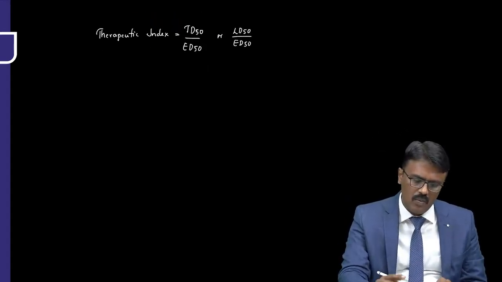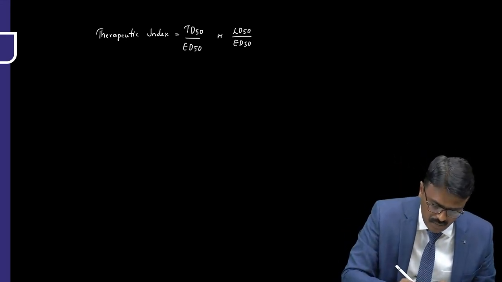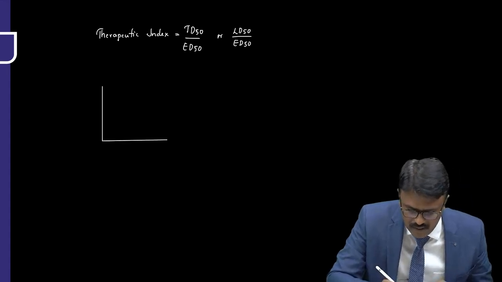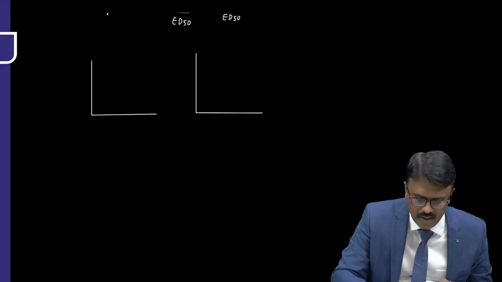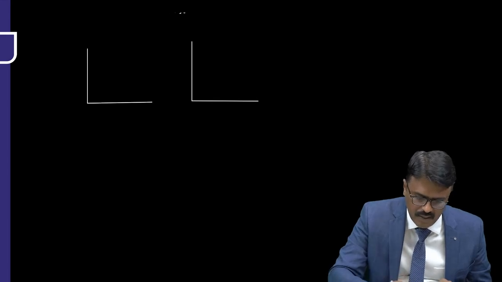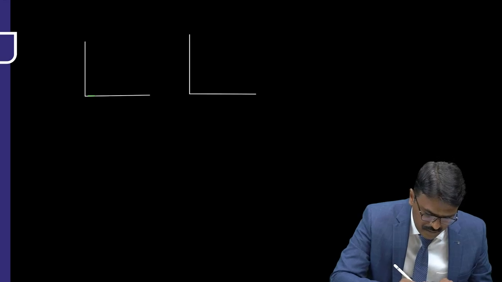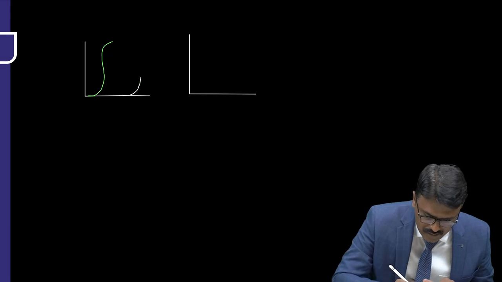Now, why should I know this? Let me give an example for you. A drug A, I will give as an example. This is drug A and another example for drug B. Okay, there are two graphs. Now, this is the efficacy graph and this is the toxicity graph.